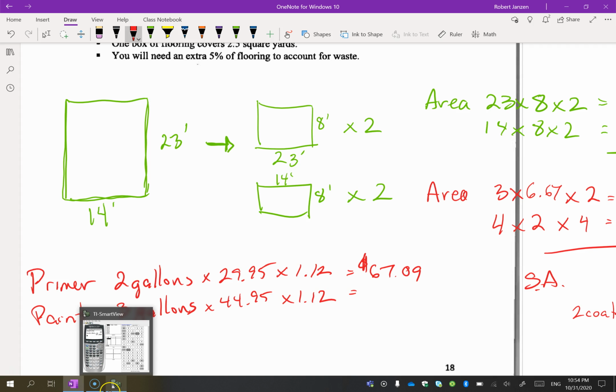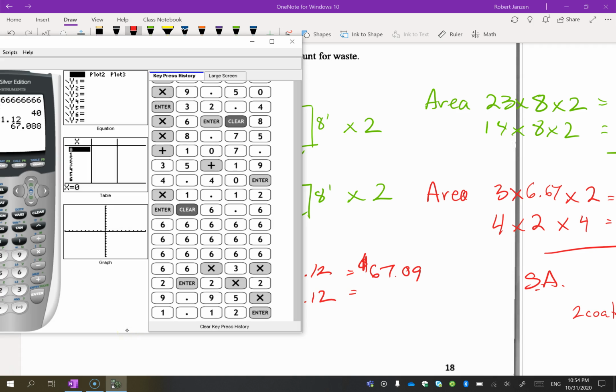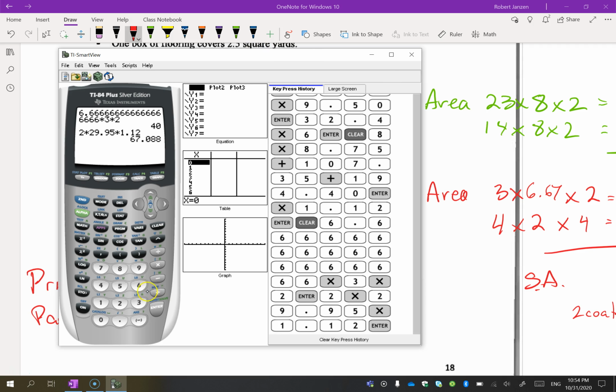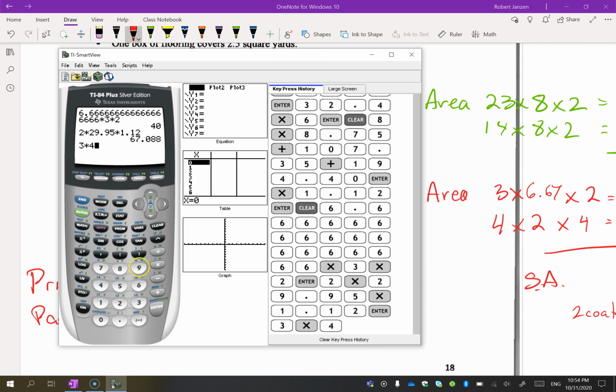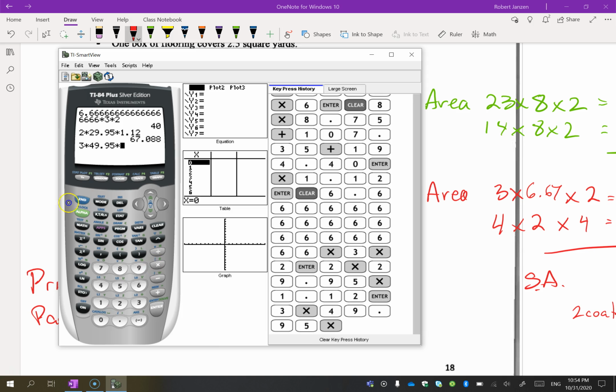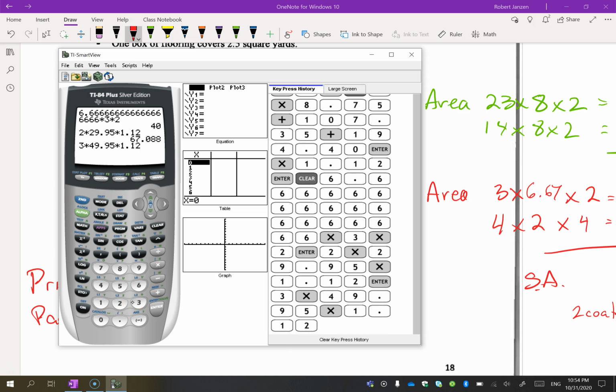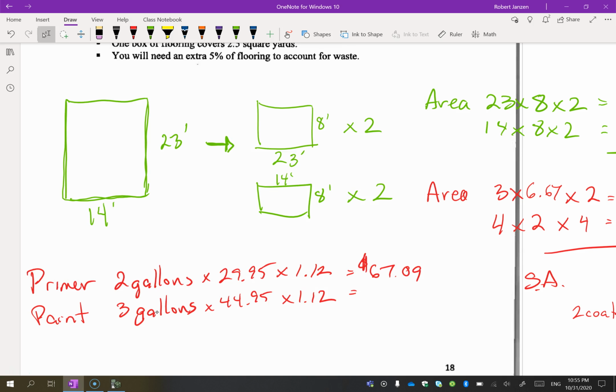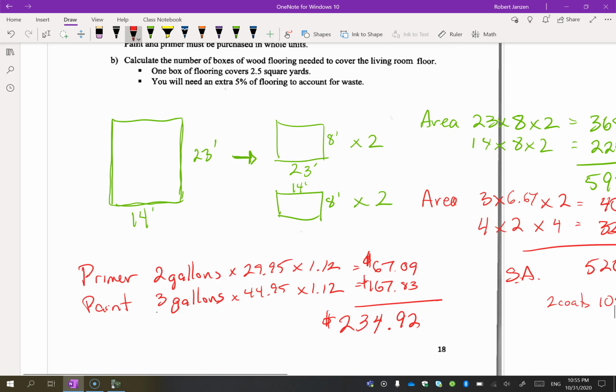And then we're going to do 3 times $49.95 times 1.12. And that's $167.83. So adding those two up, we get $234.92 to paint it.